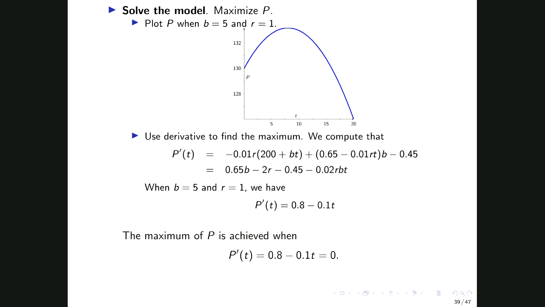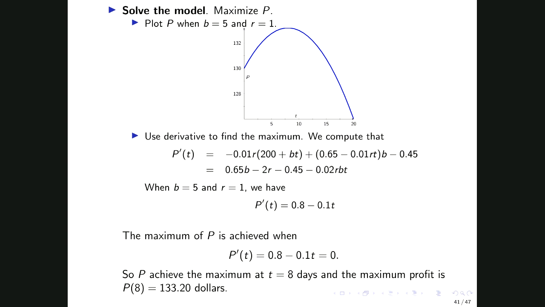Then we set the derivative equal to 0, and we find the maximum of the profit is achieved when t equals 8. And the maximum profit is equal to the value of the profit function when t equals 8. So we plug 8 for t into the original profit function, then calculate, and we get the answer.